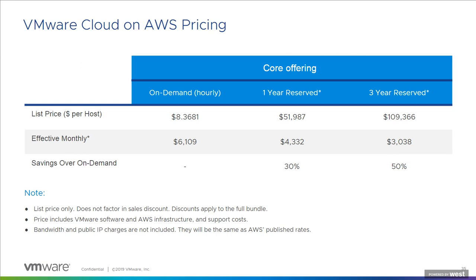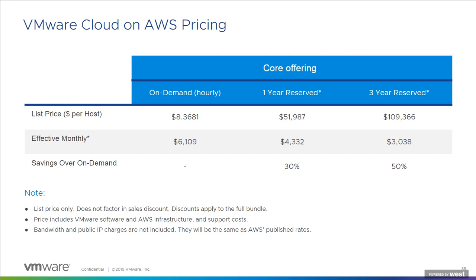So to get more detail, here's the standard pricing list. This pricing is also available on cloud.vmware.com. The offering is sold on a per host basis. So when you provision your SDDC, you choose how many hosts you want to provision in that cluster, and those hosts are billed at an hourly rate.